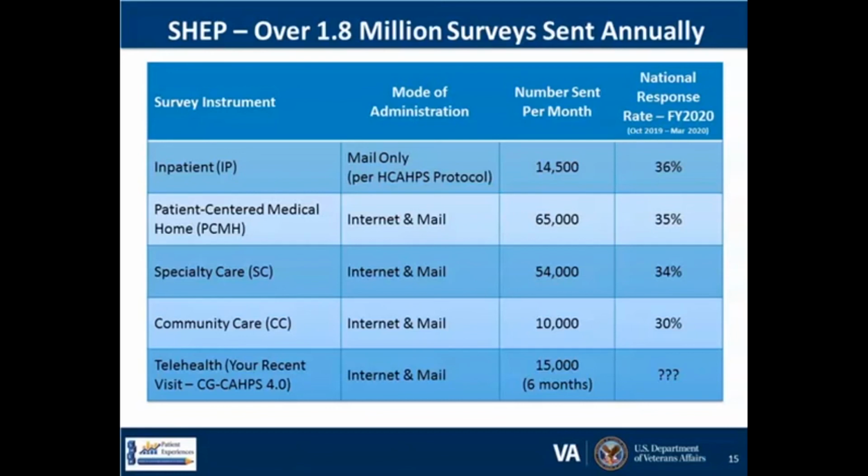In the table here, you can see the monthly outgo and the response rates. And we fielded the telehealth survey in January, and data collection is set to close in the coming week. So we don't have a response rate on that just yet.